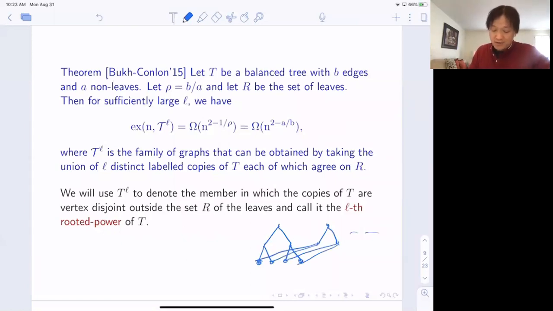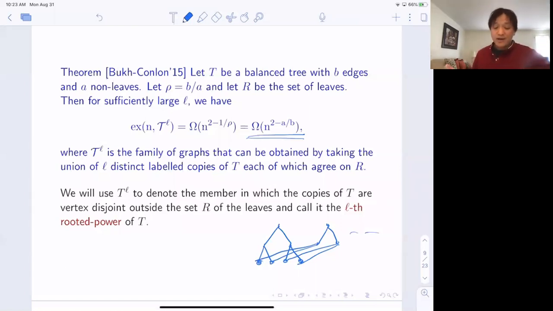Now the one I draw here is clean. In general, they only want L copies of T agreeing on the leaves, but they don't care whether outside the leaves these copies overlap or not. So it's a family. But to avoid this family, already running an algebraic approach would establish this lower bound.